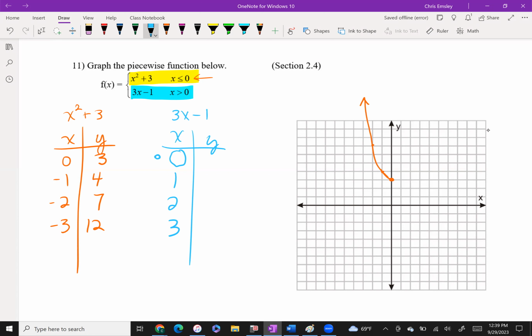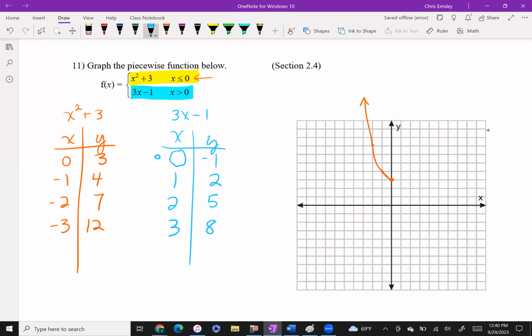3x minus 1 is going to be a straight line. So we probably don't need this many points, but let's just see what we get. 0 minus 1 is -1. 3 times 1, 3 minus 1 is 2. 6 minus 1, and 9 minus 1.